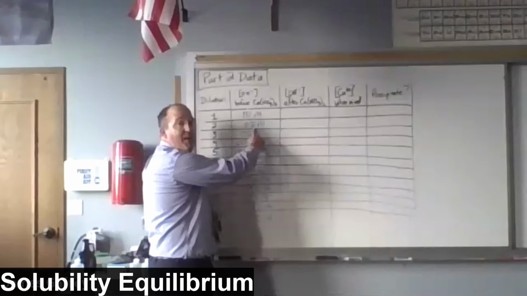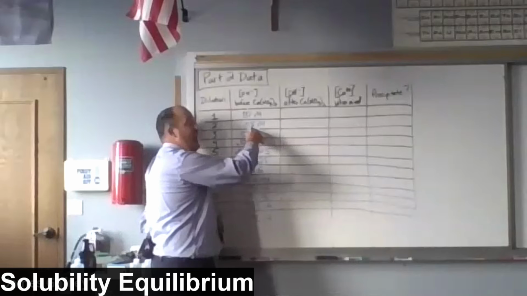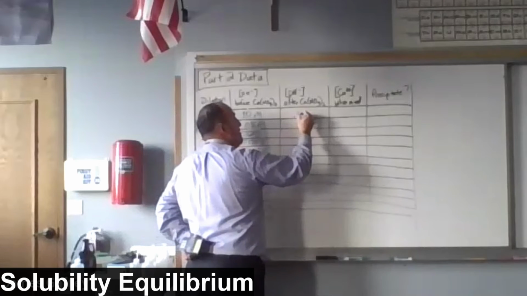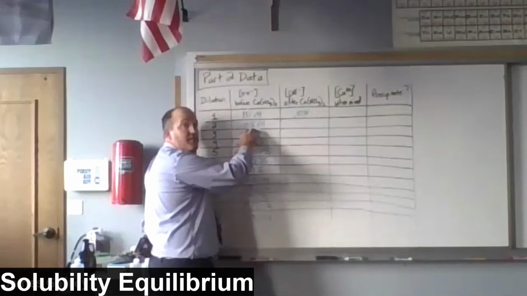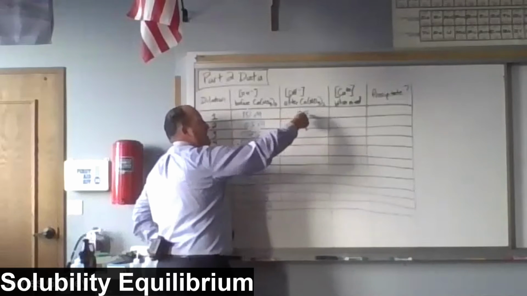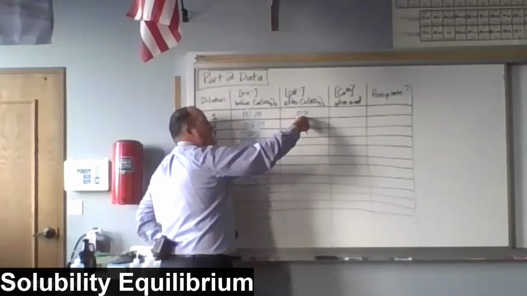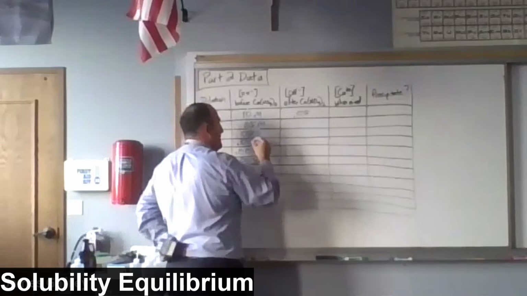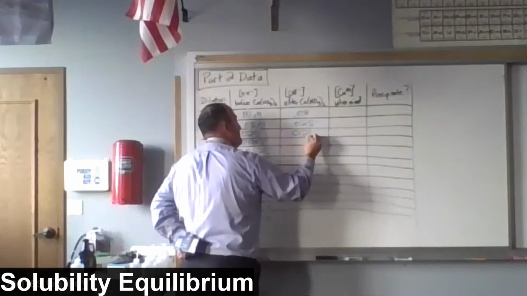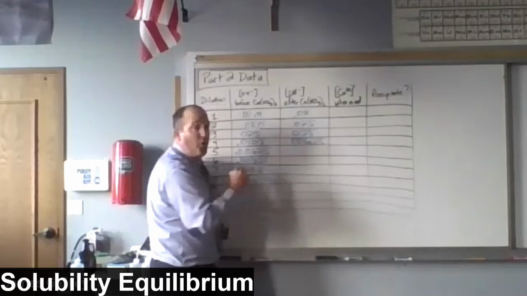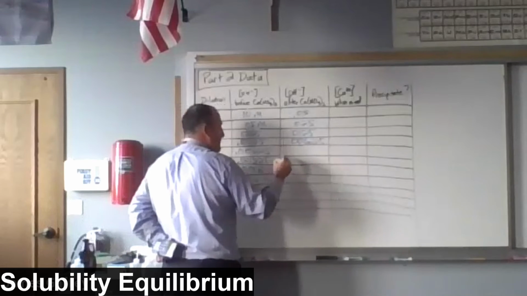To do that, I'm just going to take whatever's in the second row of the first column and put it in the first row of the third column. So 0.05 in dilution 2 before mixing becomes 0.05 in the first row after mixing. And I'm just going to copy that all the way down. See how this goes more quickly after you've done it the first time?